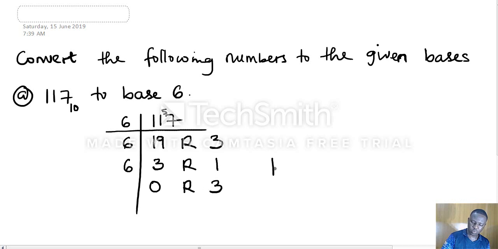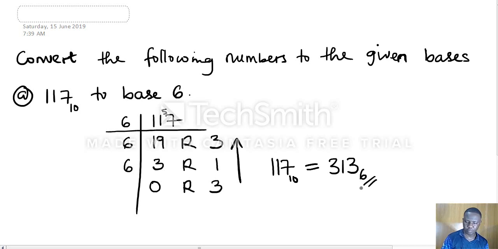So that 117 base 10 is equivalent to 313 base 6.